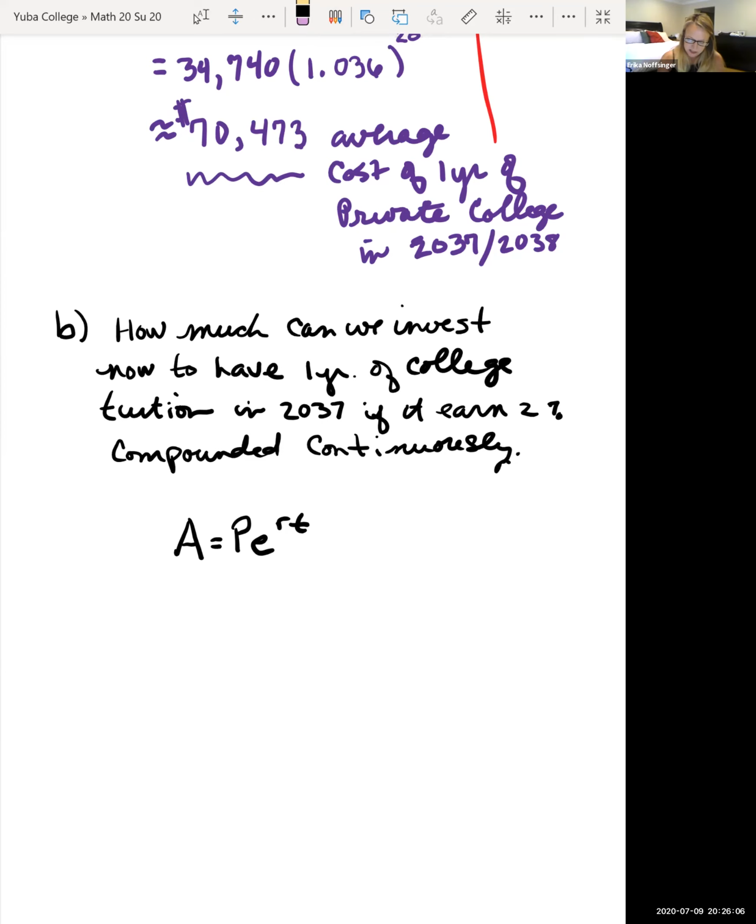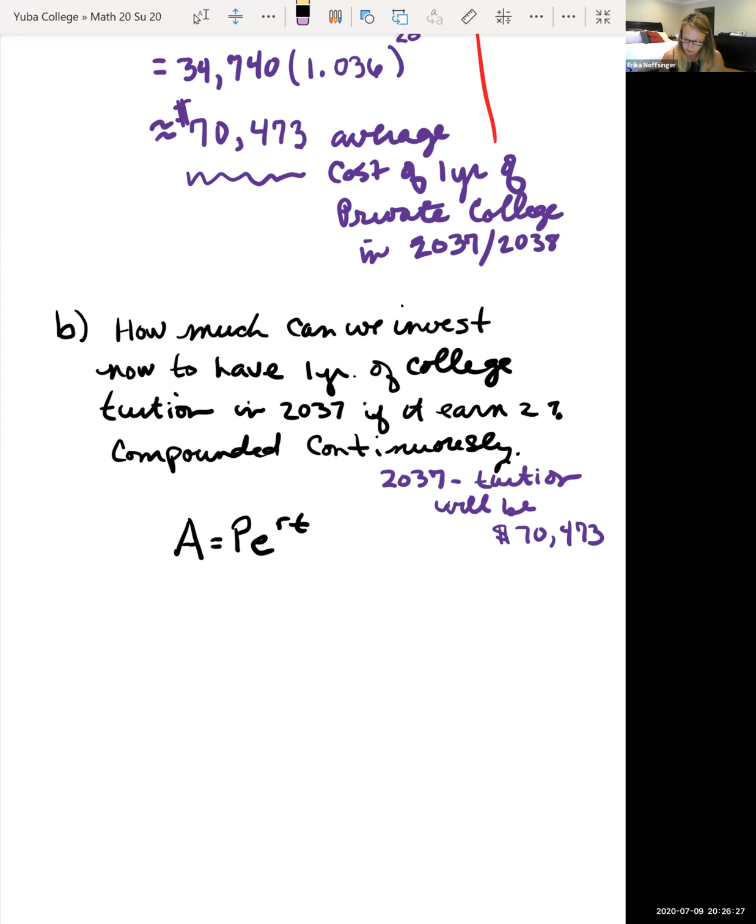So in 2037, tuition was, or is going to be, about $70,473.